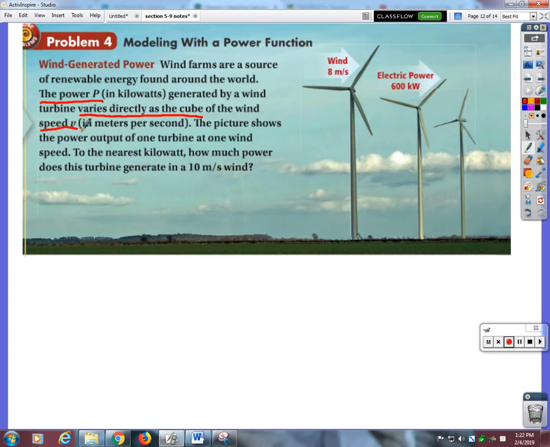Let me show you what that means in math. The power varies directly as the cube of the speed. Does that make sense? Here's the power. Varies directly means there's some number we're multiplying it by, and then I cube the speed.